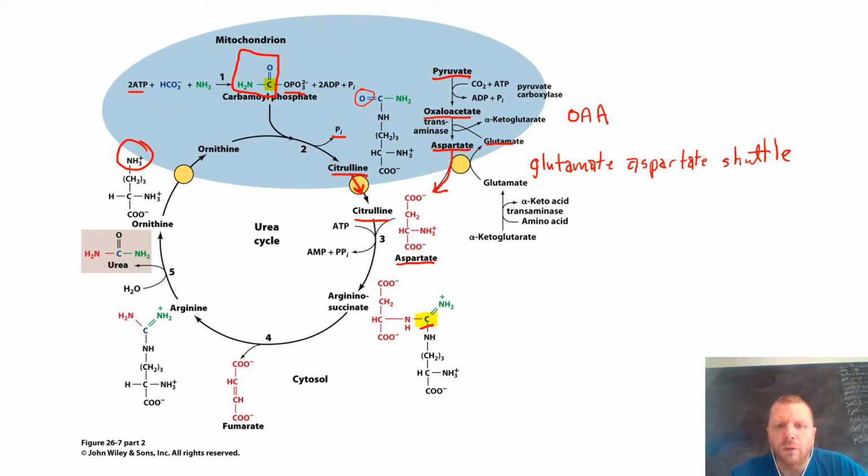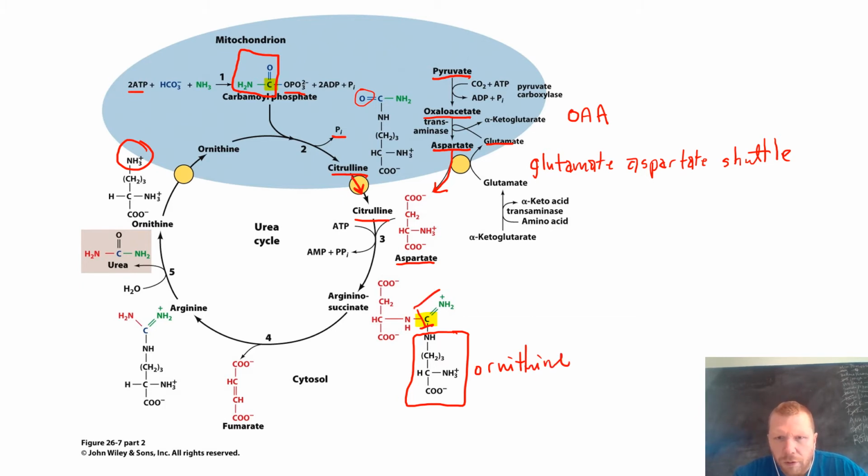We're able to transfer that aspartate onto that carbon right there. You could look at that carbon as being a part of the side chain of our ornithine originally, because this part of the molecule originated from ornithine.